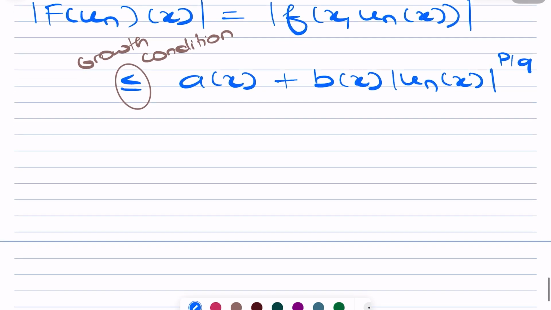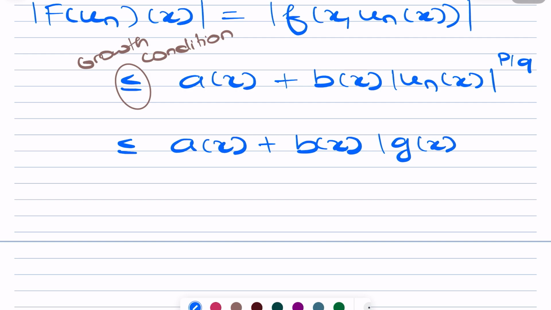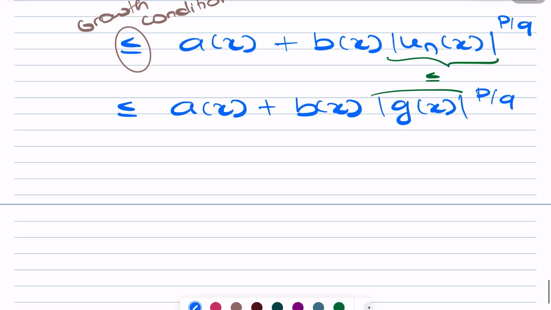And this is actually less or equal than a of x plus b of x times g of x to the power p over q. Remember, we saw that un of x is upper bounded by the function g of x. You can put it in absolute value if you want. Because we saw that this is less or equal than this term here. And this of course holds for almost every x in omega.